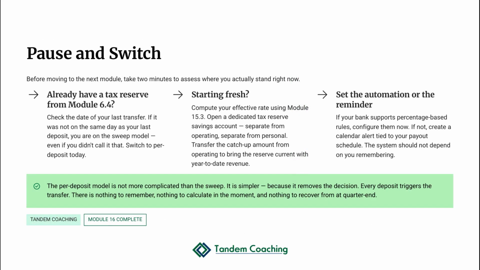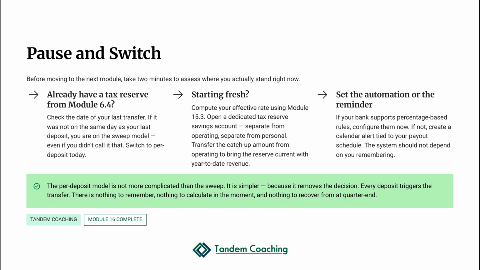If you have a tax reserve from module 6.4 already, check the date of your last transfer into it. If that date was not the day of your last deposit, you're on the sweep model whether you call it that or not. Switch today. Set the automation rule if your bank supports it, or set the recurring calendar reminder if it doesn't.